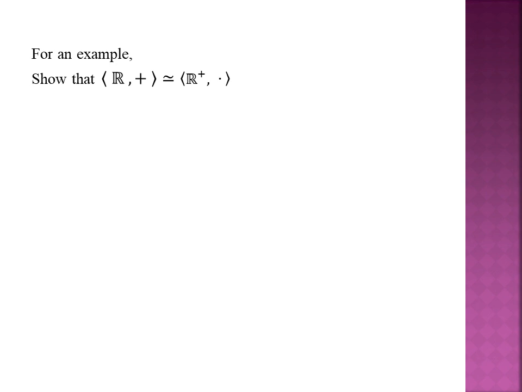As I mentioned earlier, we have only to check the 4 steps. Step 1: we define a function phi from R to R plus such that phi of x equals e raised to x for every x belongs to R.